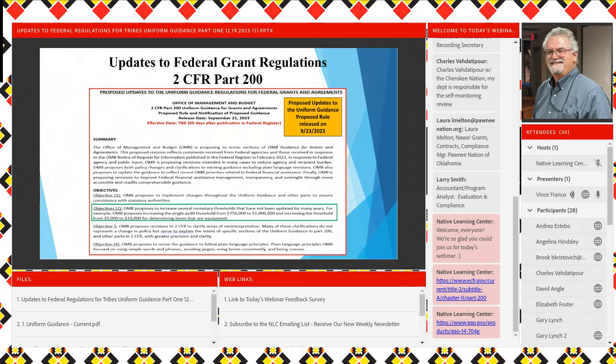And one of the files over on the left, I think it's number 3 on your far left underneath files, is this document. This is the one that I put together. This is not a federal release document. This is my interpretation of the 300-plus page update to the Uniform Guidance.